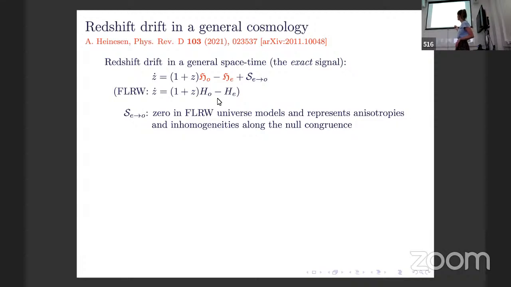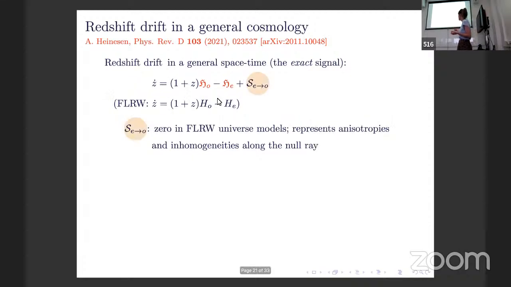In addition to this, we have this additive term S, which is identically 0 in the FLW universe scenario. So it has no FLW counterpart, but you can think of it as incorporating anisotropies and inhomogeneities as they are encountered when the photon travels from the emitter to the observer.